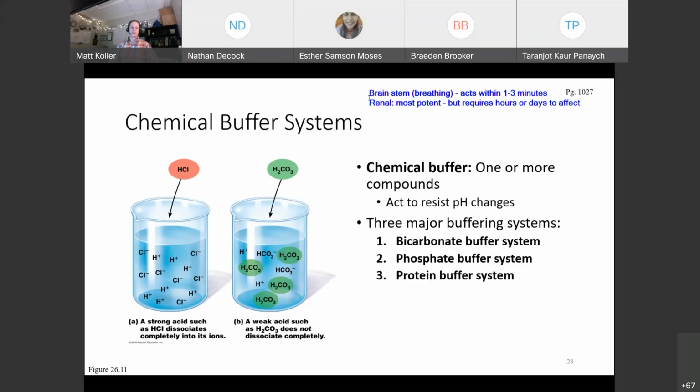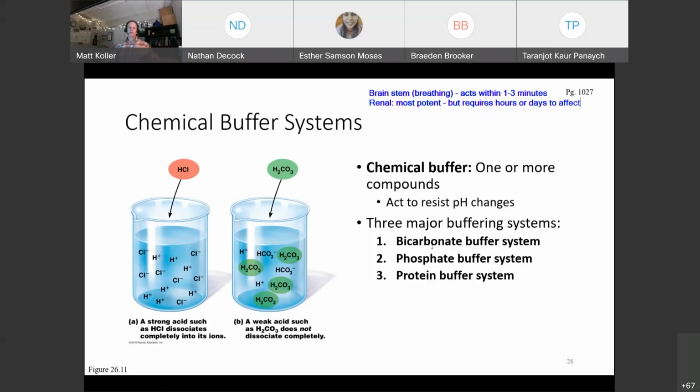Okay, so the bicarbonate system is basically a weak acid and its salt, bicarbonate, and it'll buffer the intracellular fluid and the extracellular fluid, but it's really the extracellular fluid that it works on the most, so the fluid outside of the cells.